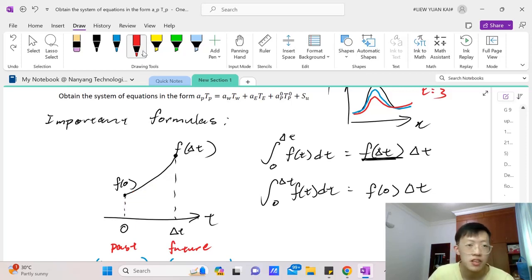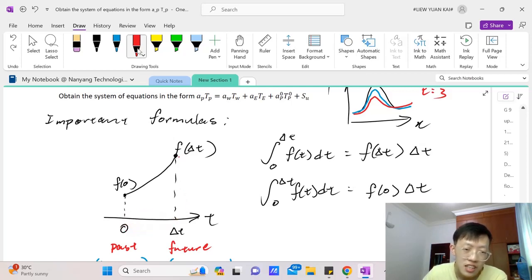And there are two ways to go about it, which I've shown in these two formulas here. So let's have a look. What is f of delta t? F of delta t will be this height, correct? And then what is delta t? It's the length of this segment, which I have shown here.